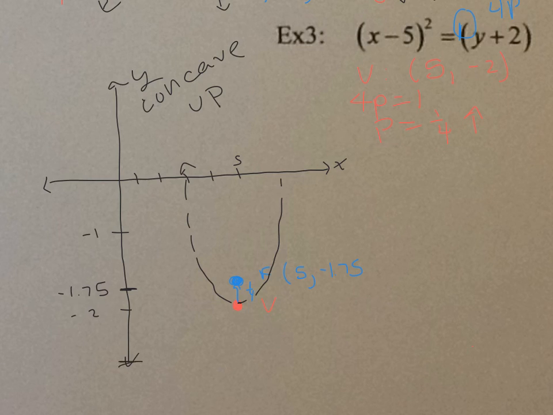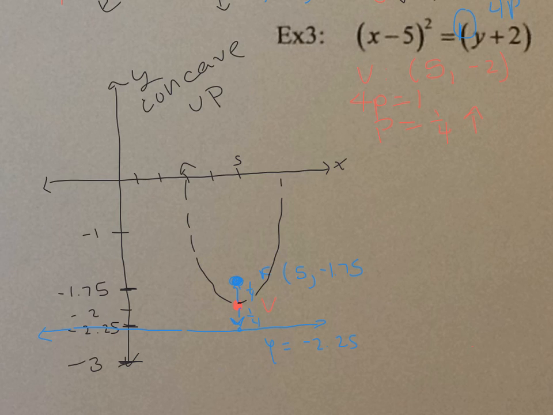Okay, so this is -3 down here. So if I'm moving down a quarter to my directrix, then that is going to put me at -2.25 right here. And that's my directrix. y is equal to -2.25.